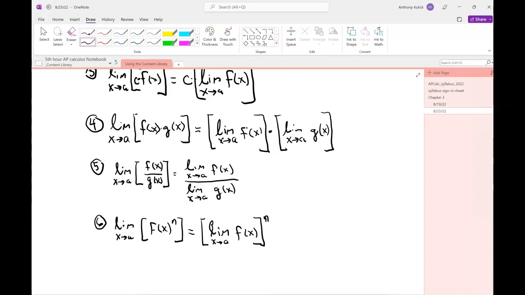So what that's saying there is, if I have a function to a power, and I'm taking the limit of that, I can just find the limit of the function itself, and then raise that answer to the power. Imagine having x minus 3 to the 15th.